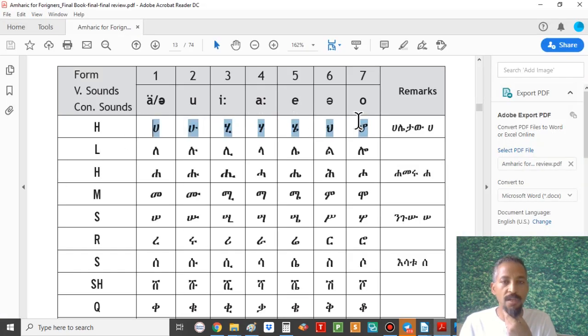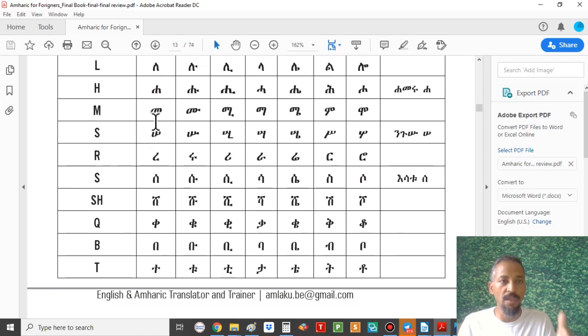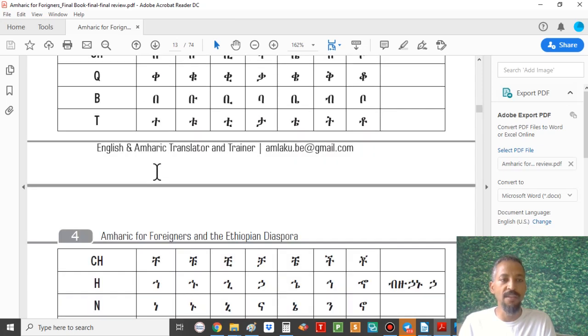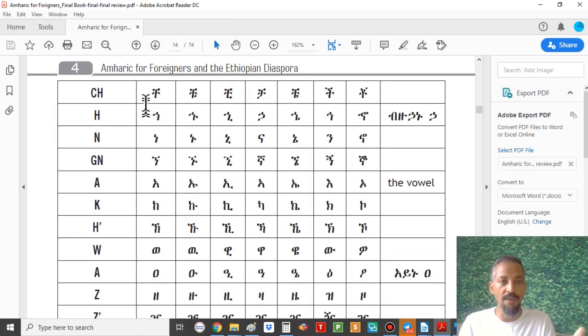The first, this is the basic letter, and the remaining 6 are the variant sounds of that basic letter. So this is the basic letter. When you go down the column, in the second column here, they are all the basic letters in the alphabet, and the remaining 6 variants are variant sounds.